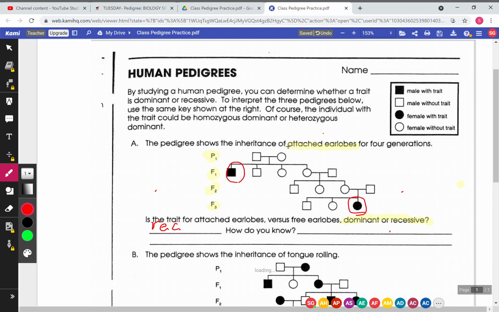If it was dominant, a lot of these in the family tree would have it. So only 2 have it, making it recessive.